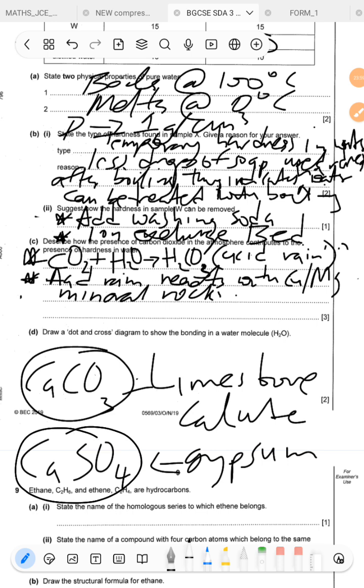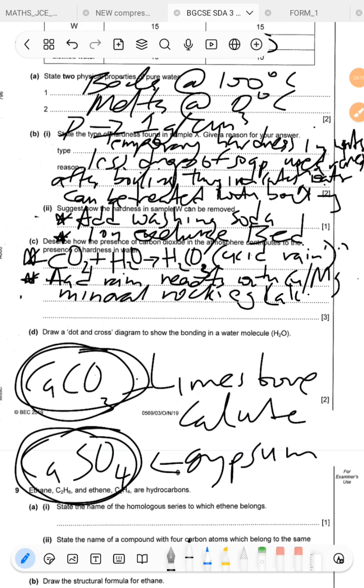But if you have this mineral interacting with the acid rain, then you get what? Permanent hardness in water. So this will be temporary hardness in water, and those will give you permanent hardness in water. We can just give you examples here, e.g. calcite.